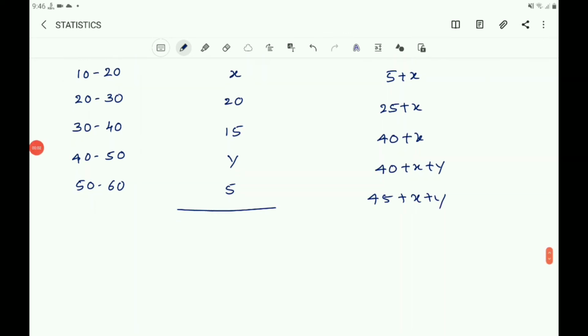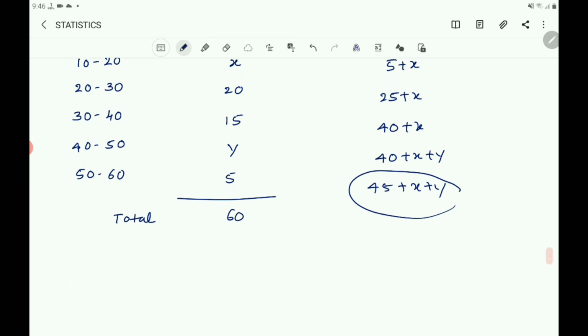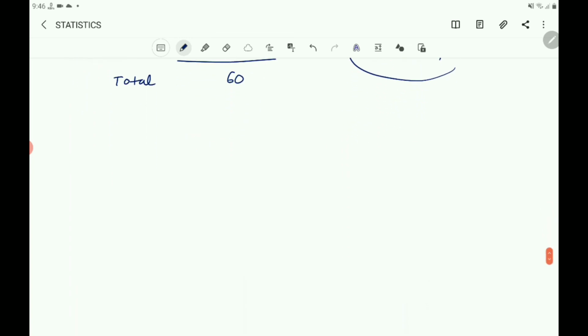The total of the frequencies is given, that is 60. The sum of all frequencies is 60. Therefore you can write 45 plus x plus y equals 60, that is n equals 60 here.